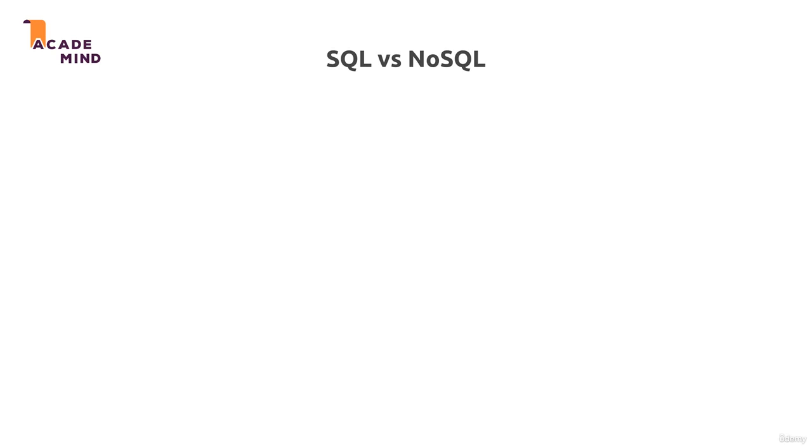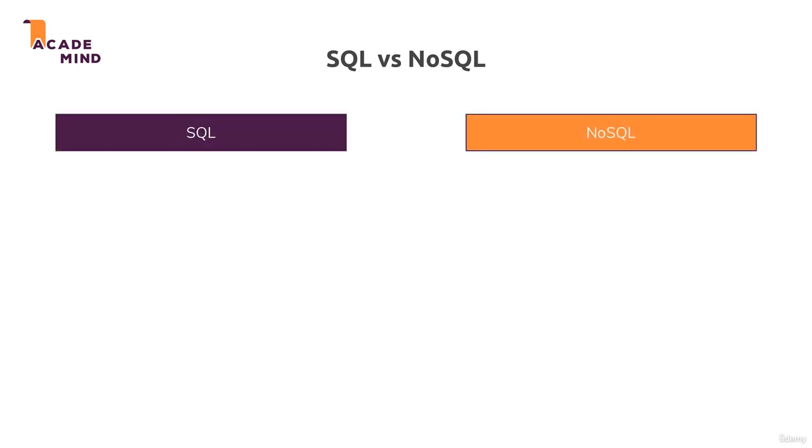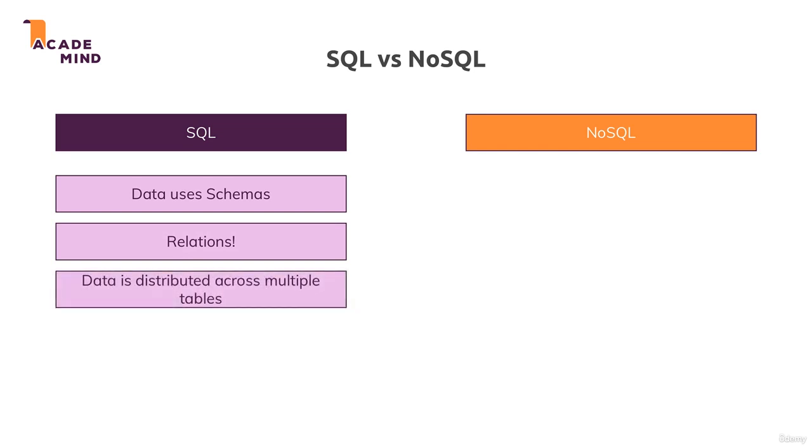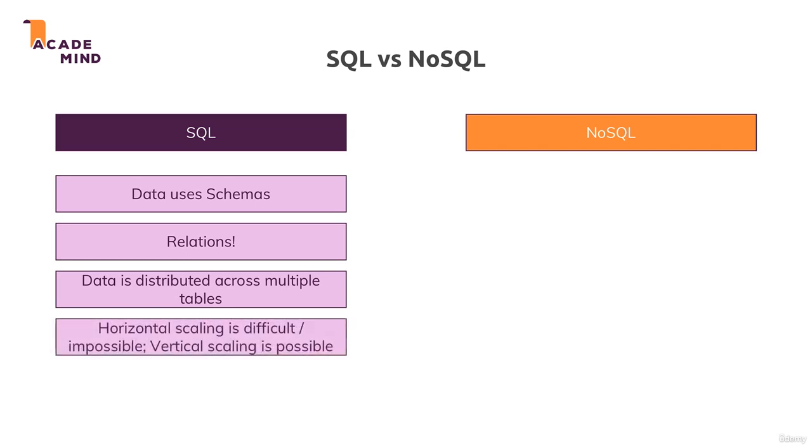Now let's compare SQL and NoSQL regarding that and in general. In SQL, we use schemas. We also have relations. These are two core characteristics. And data is typically distributed across many tables, which are then connected through relations. Now, regarding the scaling, it's important that horizontal scaling often is very difficult or even impossible due to the way SQL works.